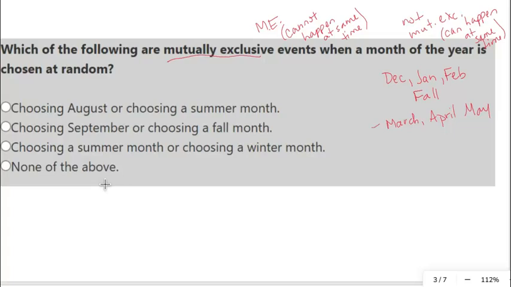Those are spring. June, July, and August. Those are summer. We need to clarify in case anybody has different definitions. And then September, October, November. I wrote the wrong thing up here. This is fall. I meant to say winter.